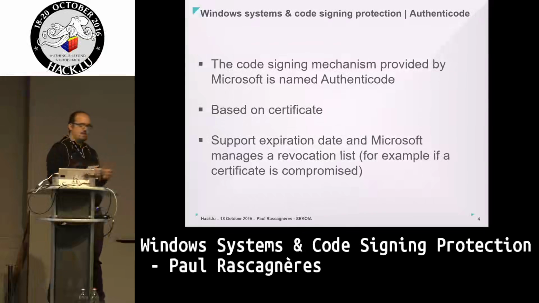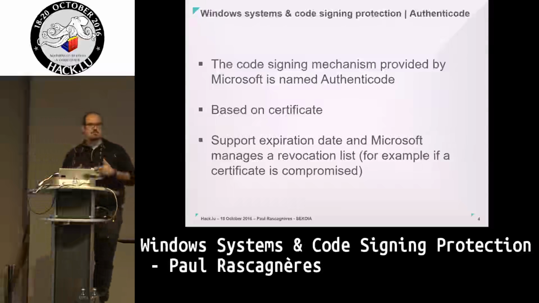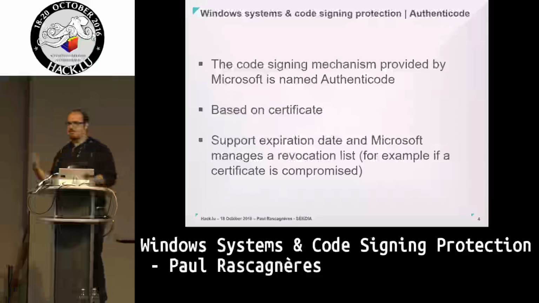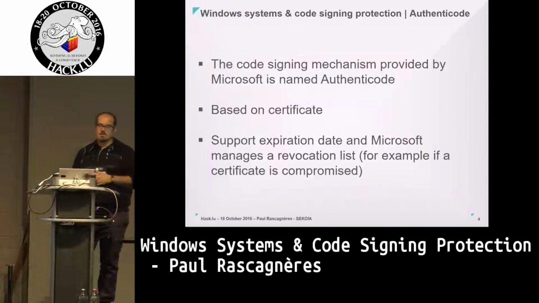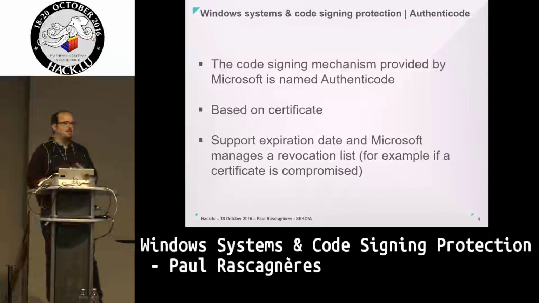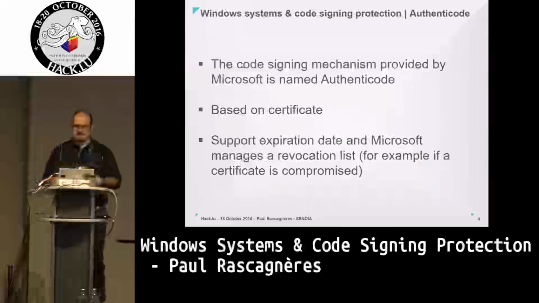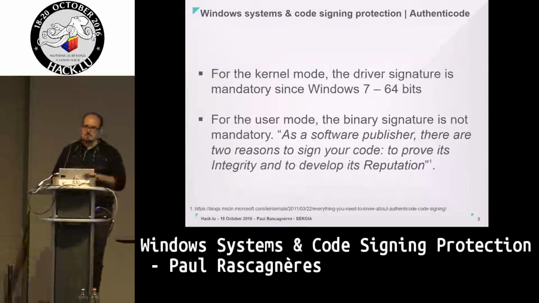It's based on certificates, and as with every certificate, you have an expiration date and a system of revocation lists. So if a certificate provider is compromised, you can revoke all certificates signed by this one, etc. It's not really what interests me on this topic.